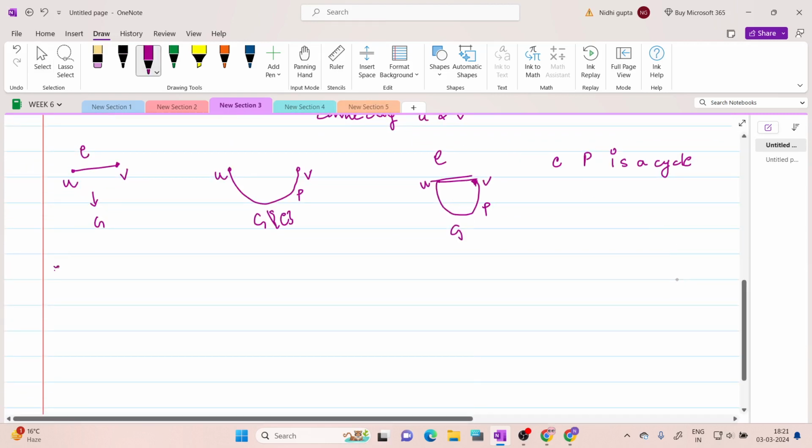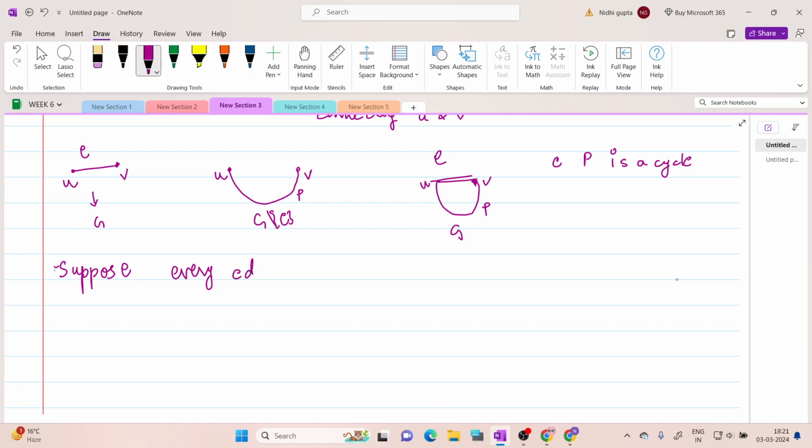The converse says: suppose every edge is contained in a cycle, then G is 2 edge connected.